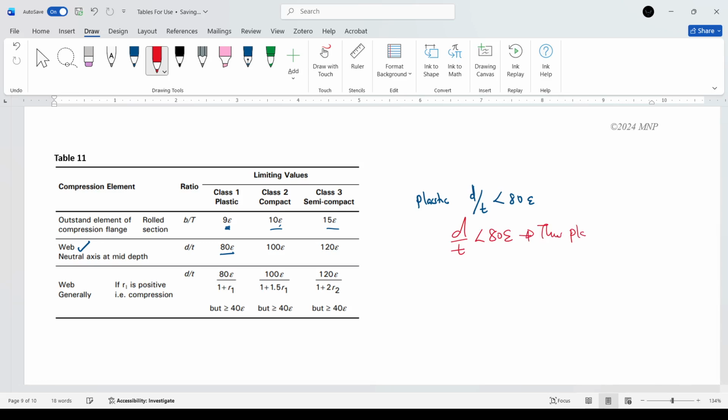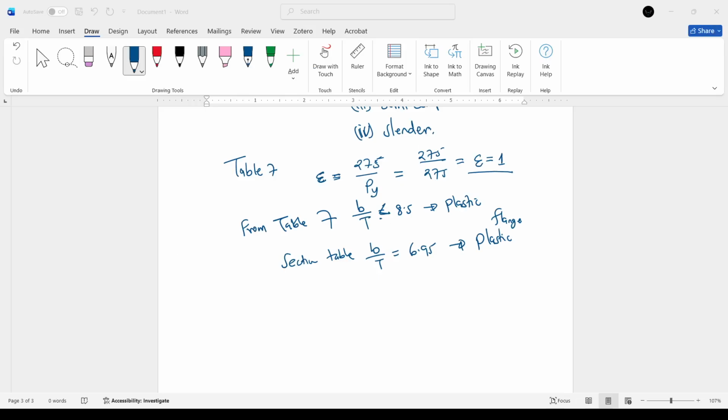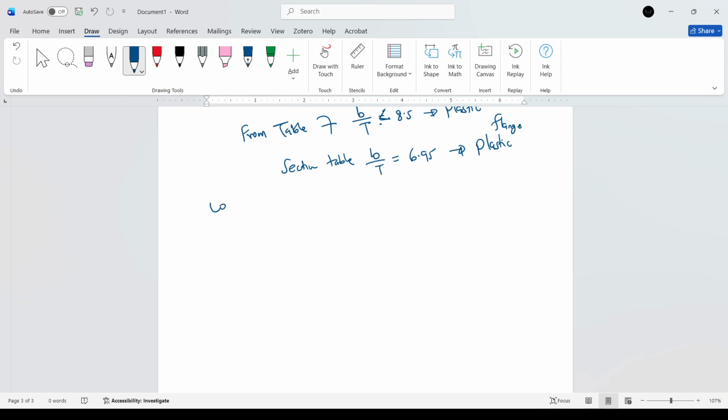Thus, plastic. That's good. We continue and say that when we consider the flange, now considering the web, D over T is less than 80, which is equal to 46.2.